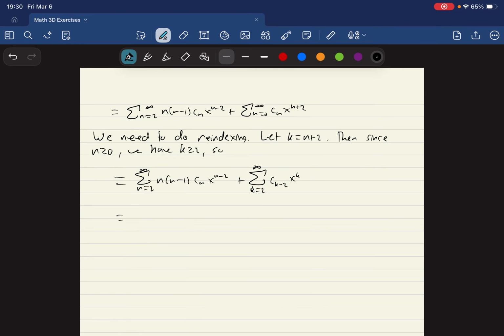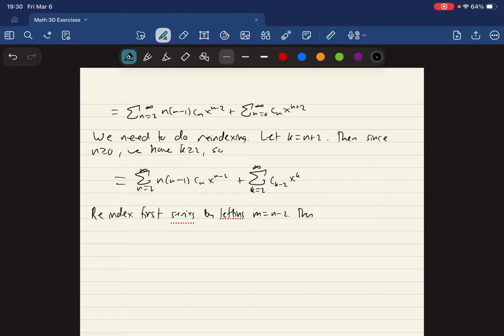So to fix that, I'm going to do now an index shift on the first series. Or I'm going to re-index the first series. So here I'm going to let m equal n minus 2.